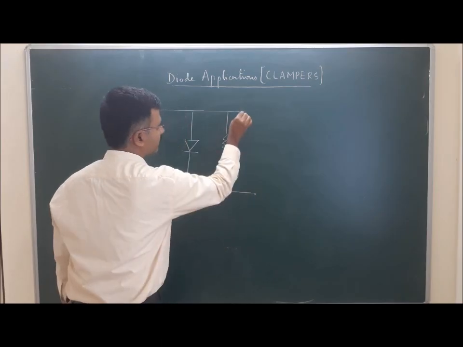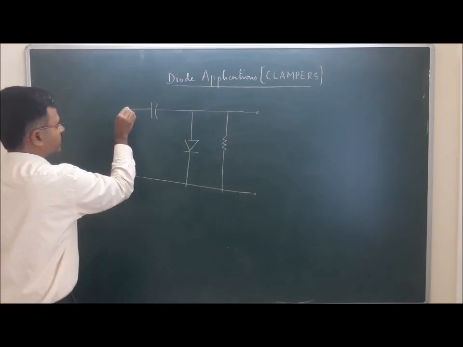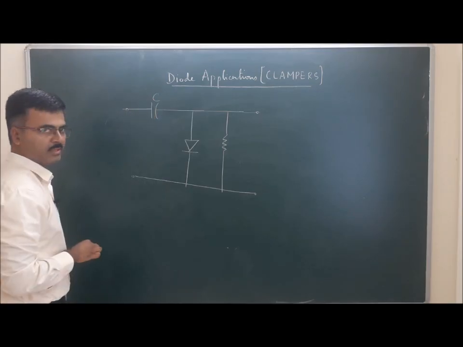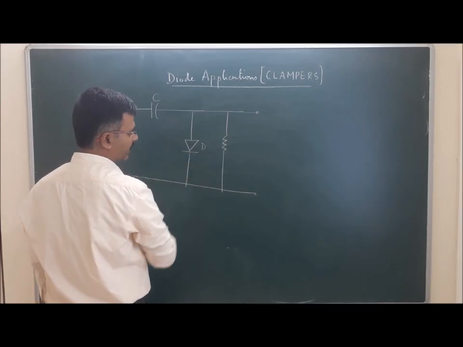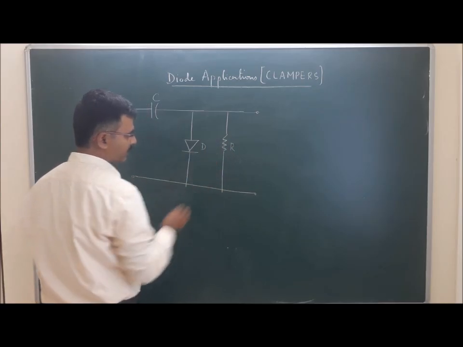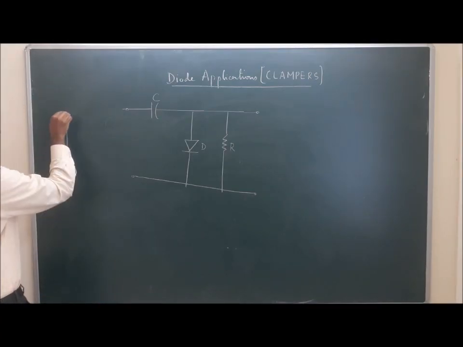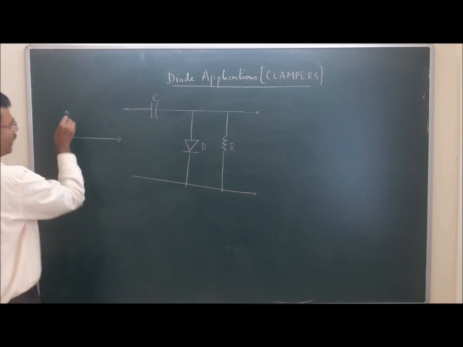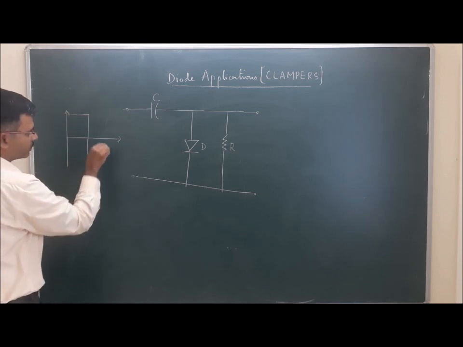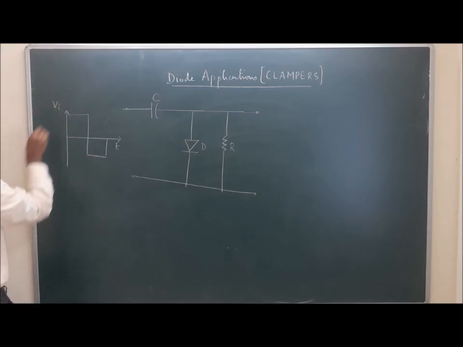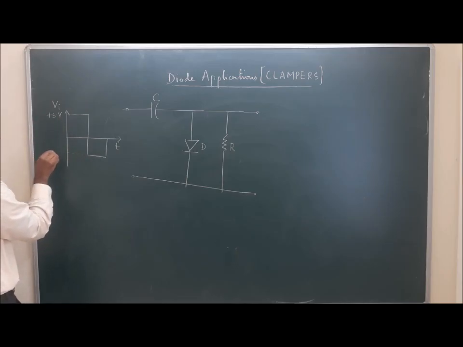These three components are present in any clamper circuit. So C is the capacitor, D is the diode, and R is the resistor. Now let the input signal be a square pulse which is continuously varying with respect to time. Let me call it Vi, with voltage levels of plus 5 volts to minus 5 volts.